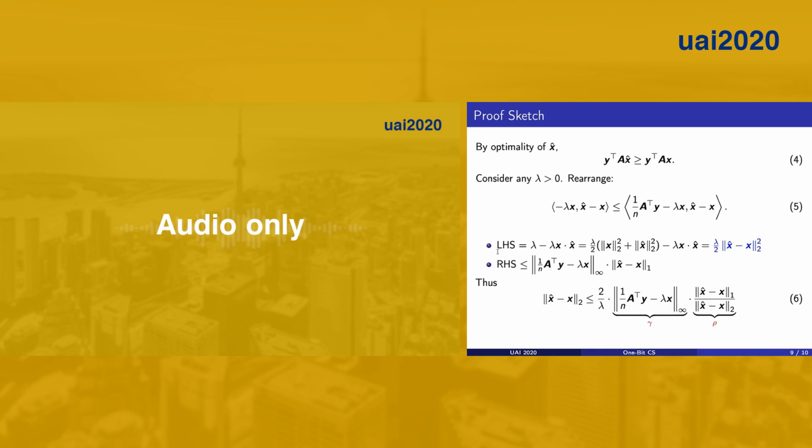Then we can combine these two results and show that the quantity of interest, which is the difference between our global optimum and the ground truth, is bounded by three quantities, basically. The first quantity is gamma, the second quantity is rho, and the last quantity is lambda. Okay, so it's bounded by gamma times rho divided by lambda.